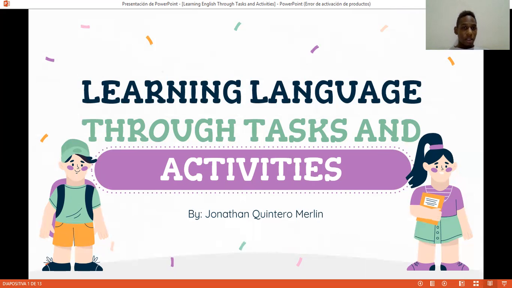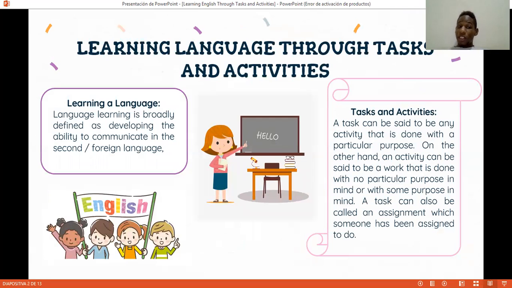Okay. So let's begin. First of all, it is pretty important to divide this important topic into two parts. As you can see, we have learning language and tasks and activities. But what is learning a language?